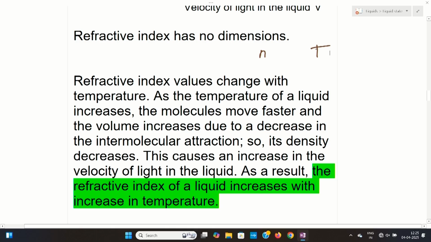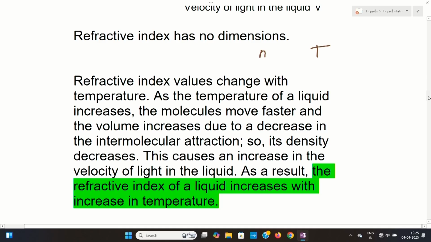The reason is that as the temperature increases, the kinetic energy of the molecules in the liquid also increases. As the kinetic energy of the molecules increases, the space between the molecules in the liquid also increases. Then the volume will be increasing.